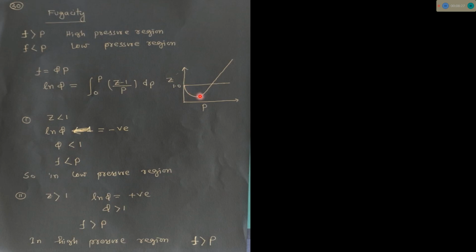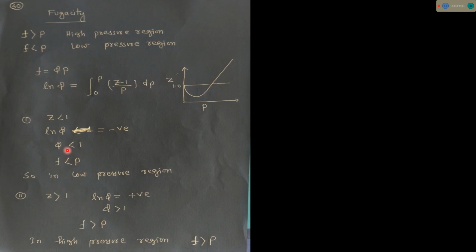If z is less than 1, this term becomes negative, so this whole integration becomes negative. Then from this equation we can say phi is less than 1, because ln phi is negative.